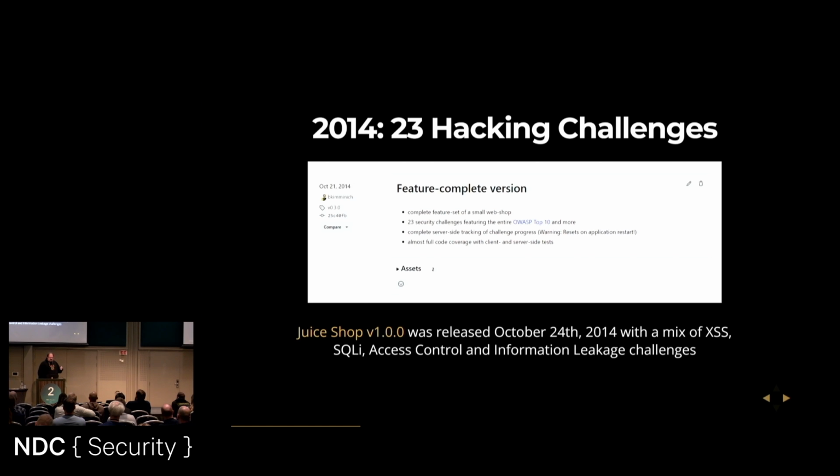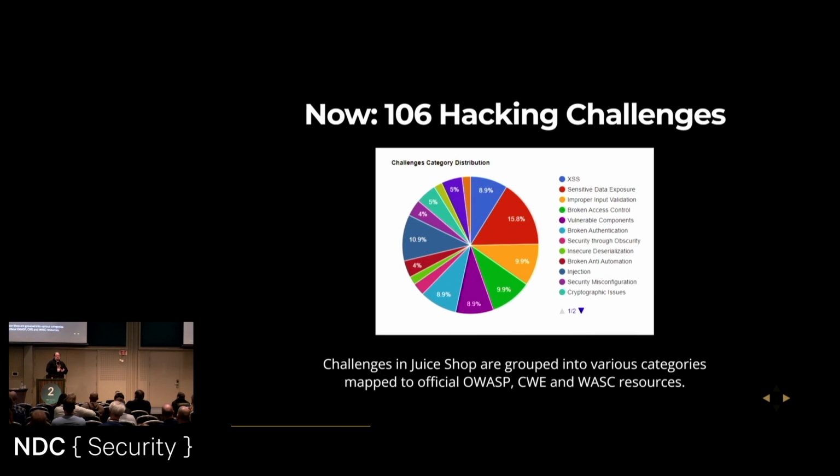Most of them were cross-site scripting, SQL injection, some access control issues, so pages you were not supposed to visit but were just hidden, not properly protected, and also some information leakage. So there were some overly detailed error messages and this kind of stuff. Total of 23 challenges. Today we have 106 hacking challenges spread across a ton of different categories.